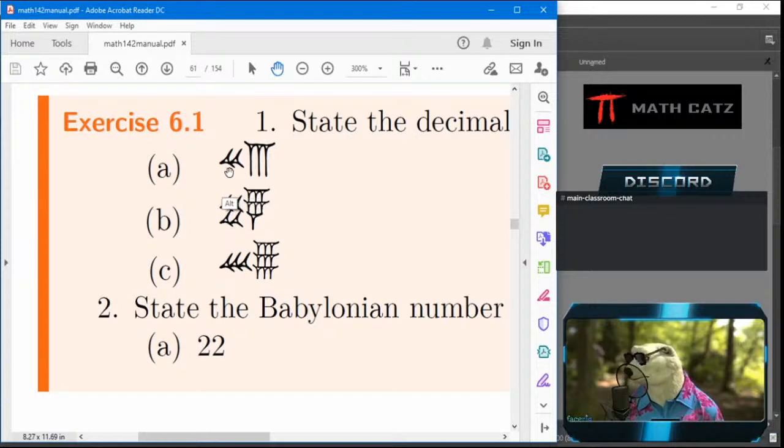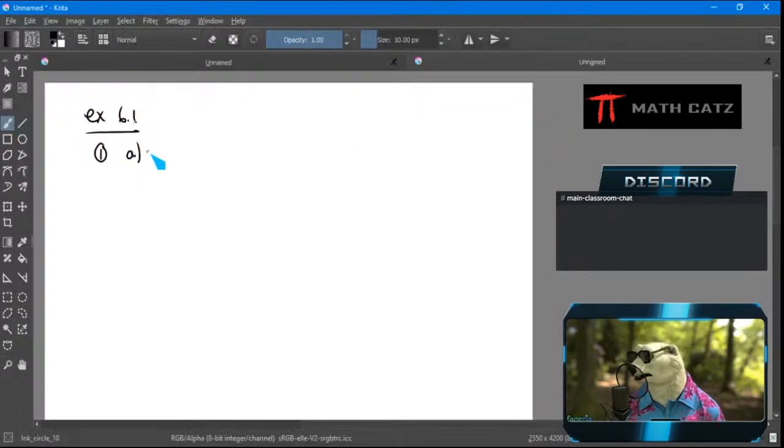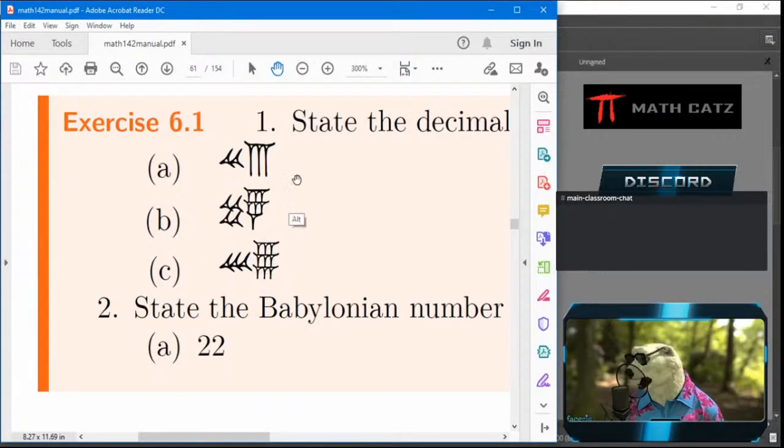That is 2 10s, so 23. Nothing more to do. You just have to understand how the system works. And in the first step towards understanding, it's as simple as just adding up all these pieces. They're just repeated to form the quantity.